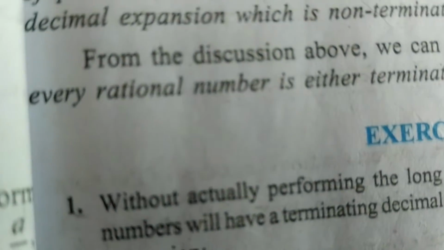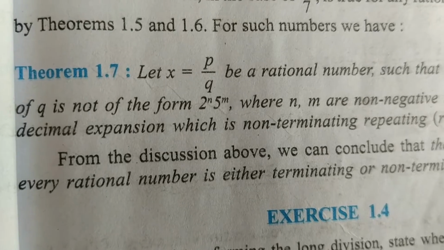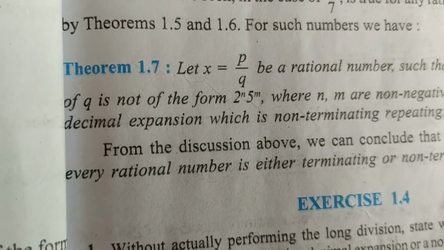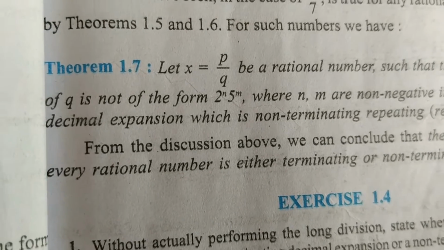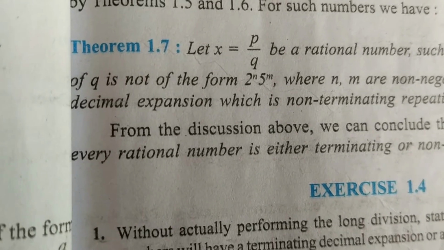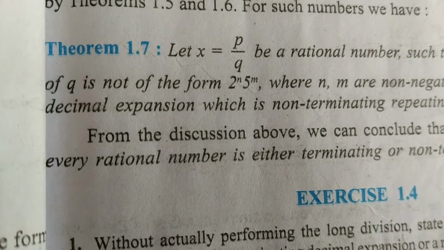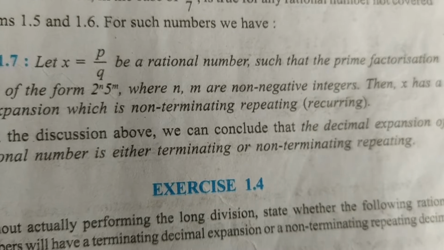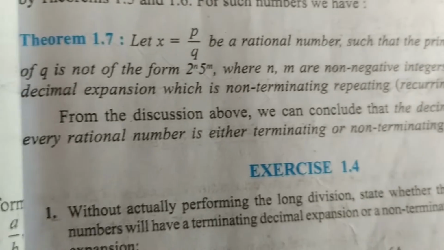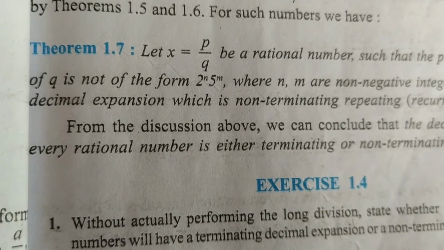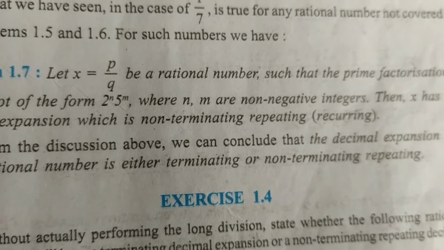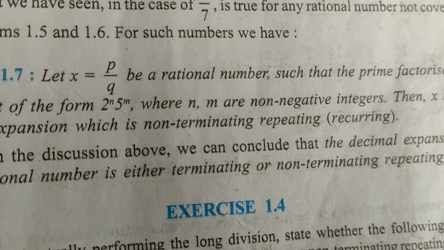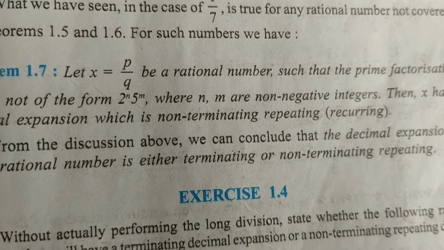Otherwise, theorem 1.7: let x equal p by q be a rational number such that the prime factorization of q is not of the form 2 power n into 5 power m, where m and n are non-negative integers. Then x has a decimal expansion which is non-terminating, repeating, or you can say recurring. Both are synonyms, repeating and recurring.